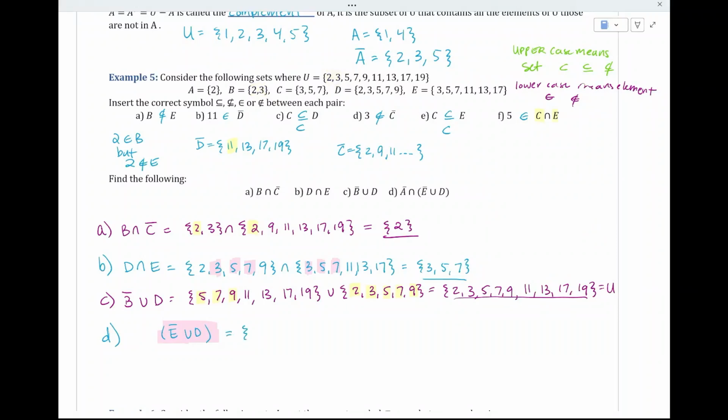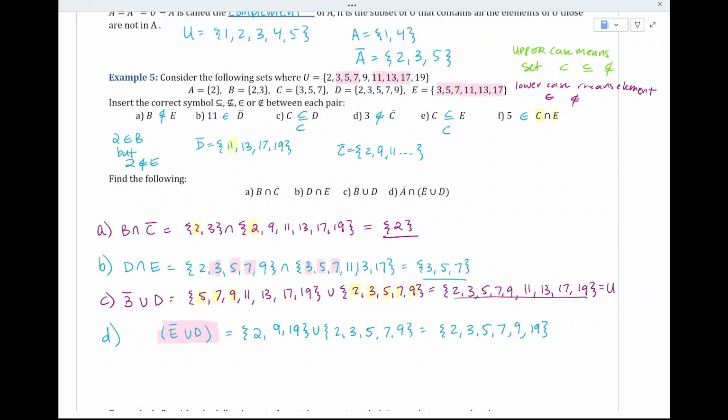Oh, E has a lot of elements. 3, 5, 7, 11, 13, and 17. So E complement is 2, 9, and 19. Union D, which is 2, 3, 5, 7, and 9. So this union is 2, 3, 5, 7, 9, and 19.